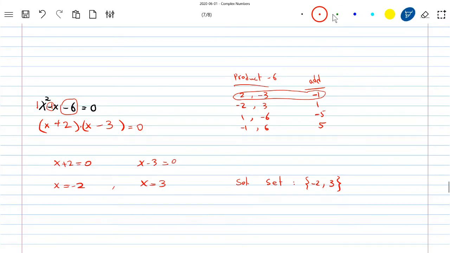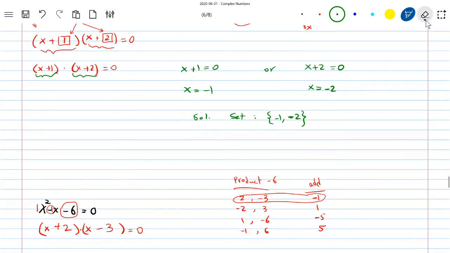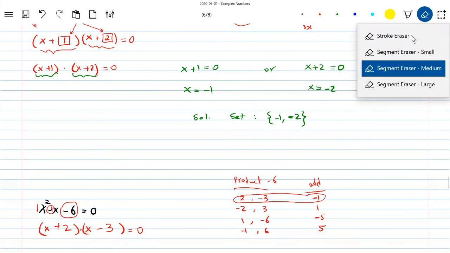Let's write another example in here. Let me create some space.